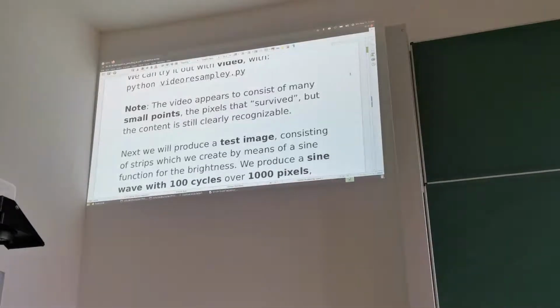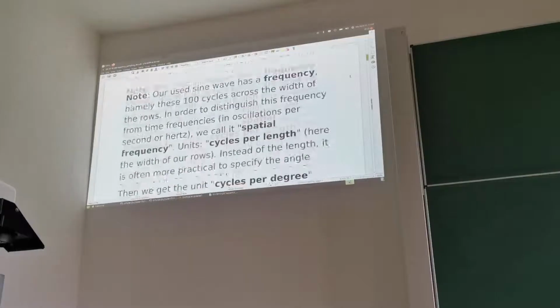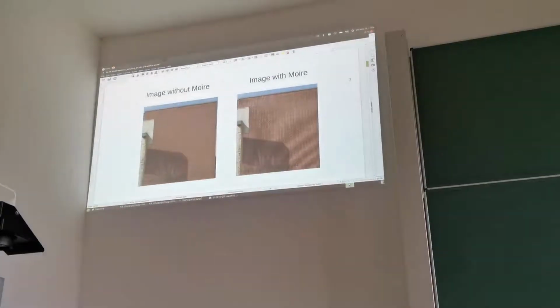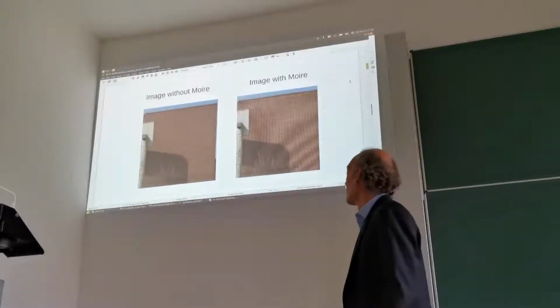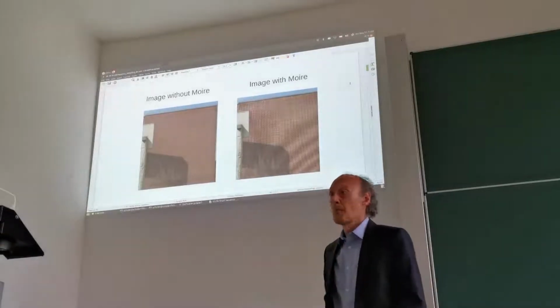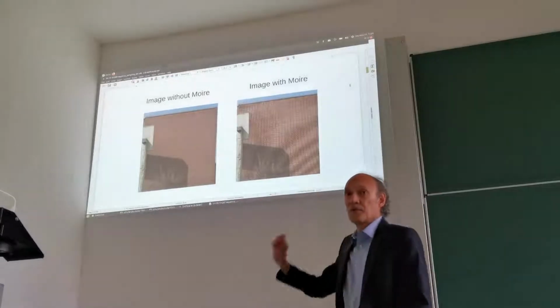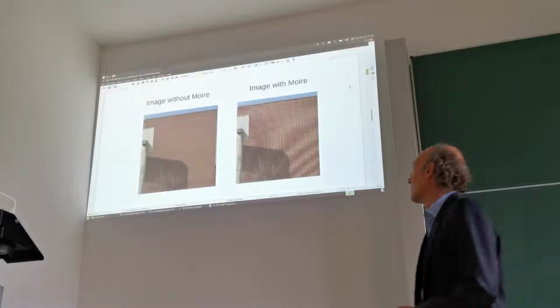Those wavy lines can also be seen in reality. In the case of images, this is also called moiré. And here you can see it in this right picture. You see those wavy lines, which are not in the original. So these are an artifact from sampling.